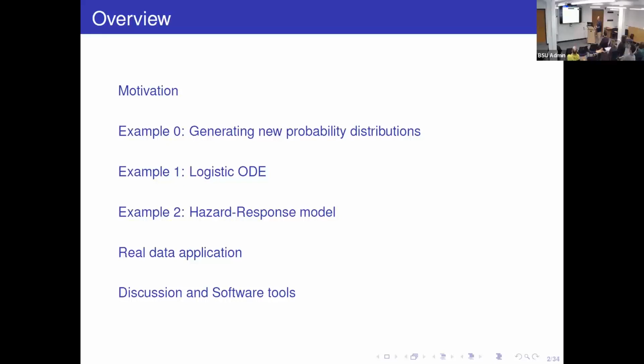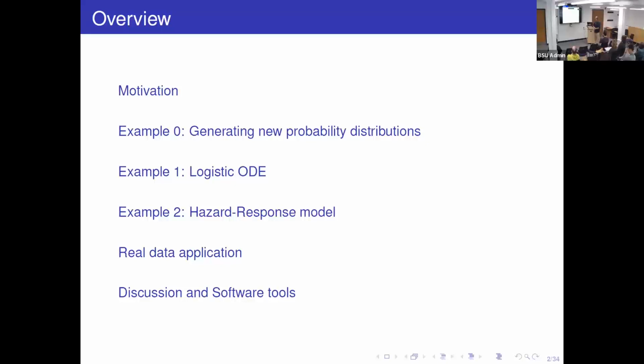After that, I'm going to present a slightly more challenging model, which is what we call the hazard response model, and it's a model that doesn't have an analytical solution to the ODE. I am going to mix example 2 with the real data application to explain all the other components, like the likelihood function and the priors.